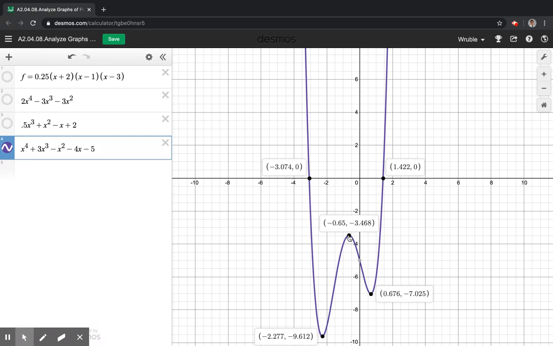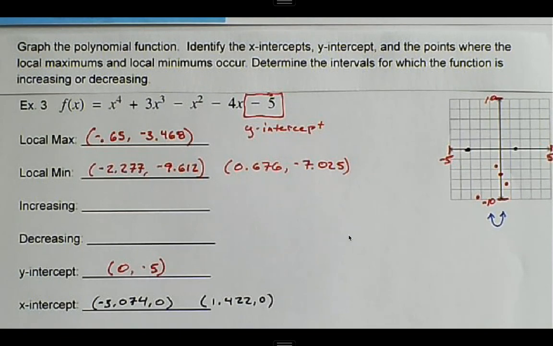So -0.65 and -3.4, almost 4, but not quite. And so now we have enough points that we can sketch a pretty good graph of what it looks like on our piece of paper.